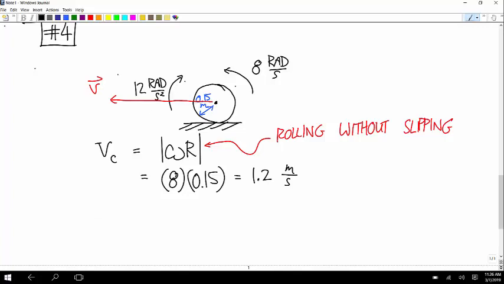And now to come up with a velocity vector, we see from this picture, from just inspection, that it's moving in the negative x direction. We're using this one. And so the velocity is negative 1.20.